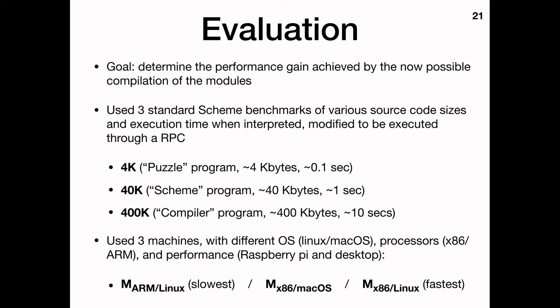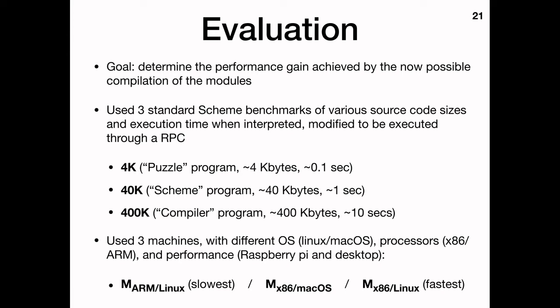It's interesting. Now we wanted to determine the performance gain achieved by our system. So we use 3 standard scheme benchmark of various code size and execution time when interpreted. We modified them to be executed through RPC.